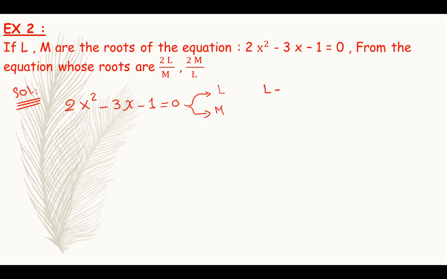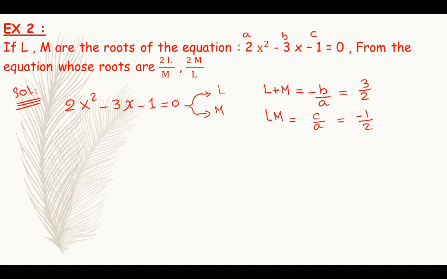The sum is L plus M, which equals negative B over A. Here the coefficient of x power of 2 is A, the coefficient of x is B, and the free term is negative 1, which is C. So L plus M equals negative B over A, which is 3 over 2. The product of the old equation is Lm, which equals C over A, which is negative 1 over 2.